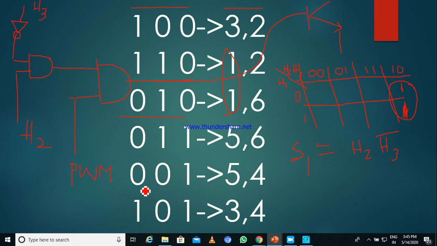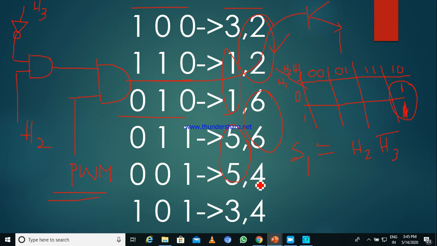Okay. So if I increase or decrease the duty cycle, the voltage applied to the machine will be different. Amplitude will be changing. Similarly, you can get this for the switch number 2. This will be switch number 6.